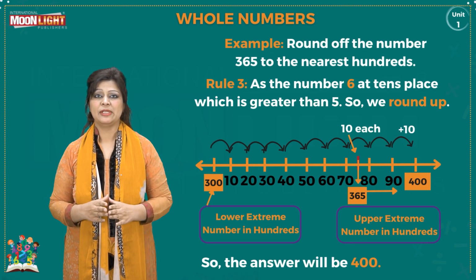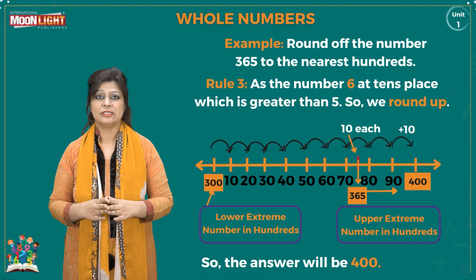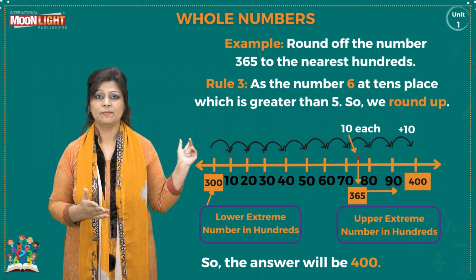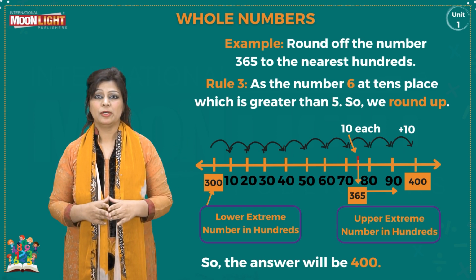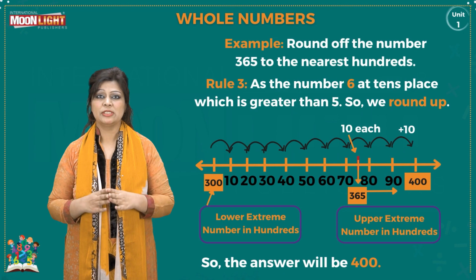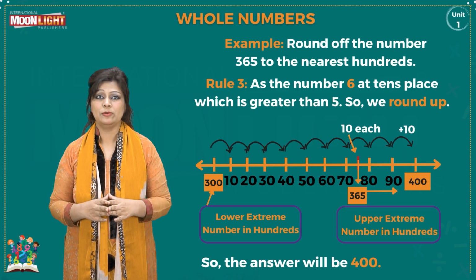If, for example, the number is 365, we can just circle the number at the hundreds place, underline the number at the tens place, and this number 6 is going to tell you whether to round up or down.